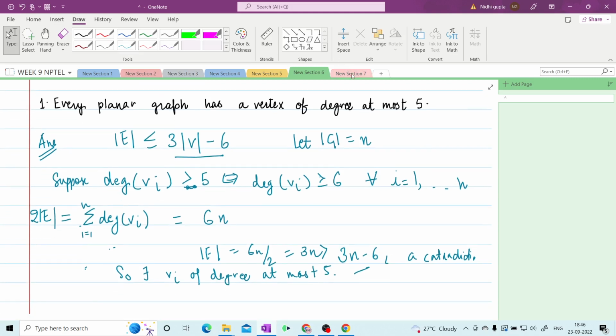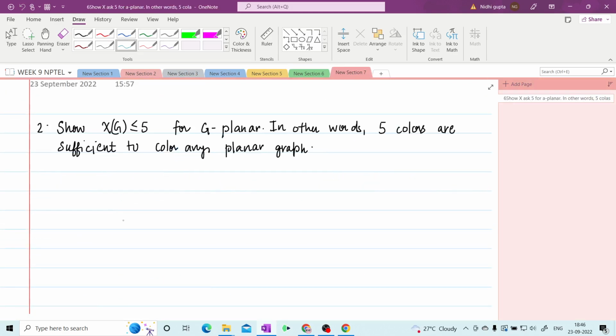Now the last problem. In the last week, sir discussed the coloring problem. He said that for a planar graph, 4 colors are sufficient to color any planar graph, and for the proof he also gave a brief history.